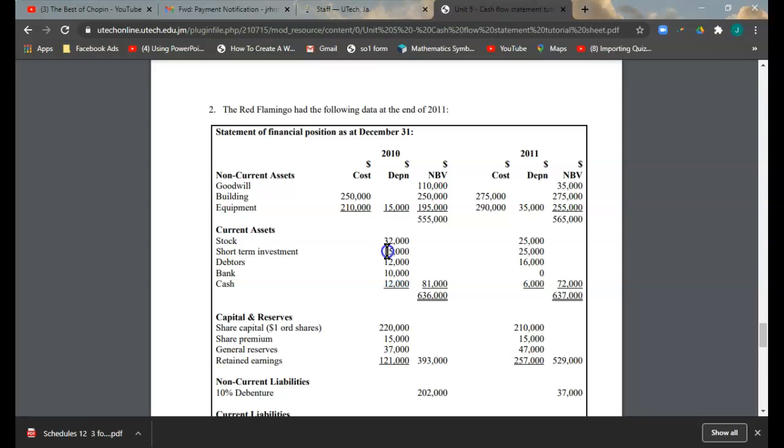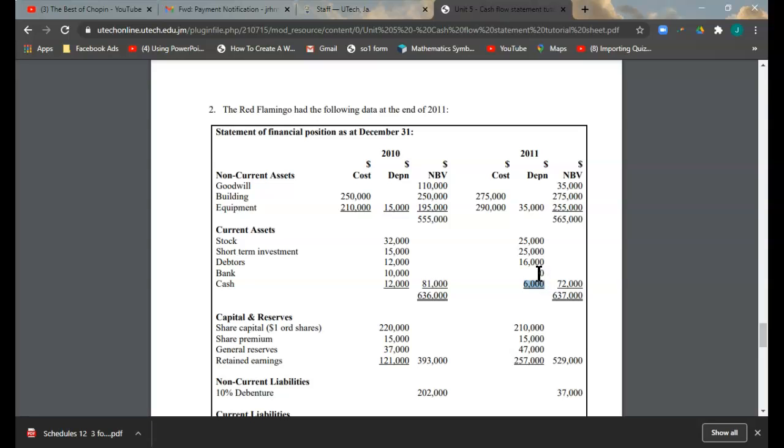So these three figures will constitute the opening cash and cash equivalents. So we go now into this data here to get the closing cash and cash equivalents. And what are they? The 25,000, the 6,000.